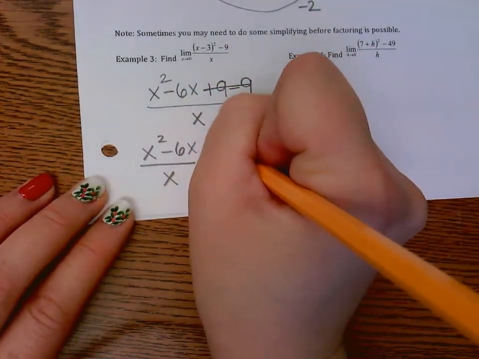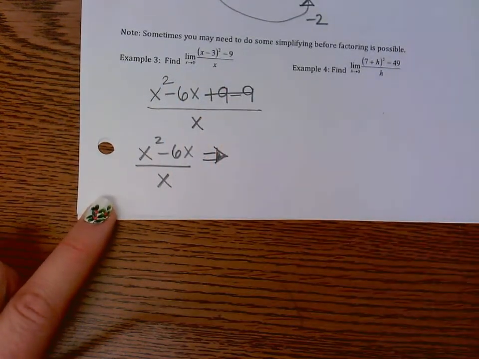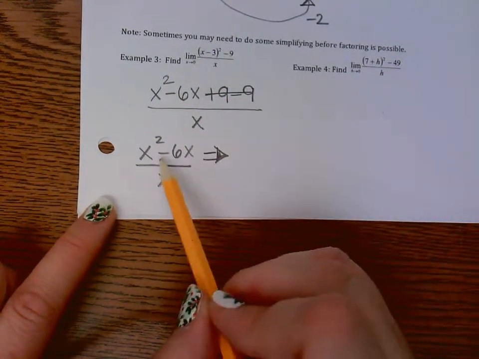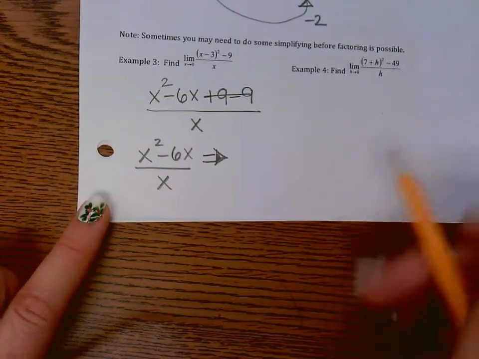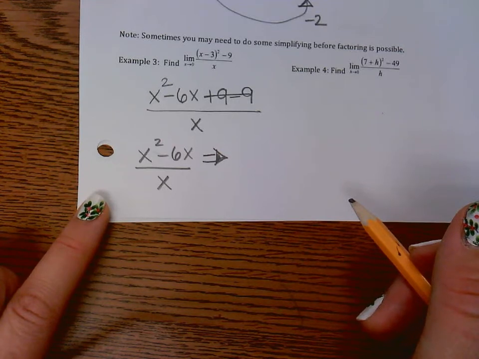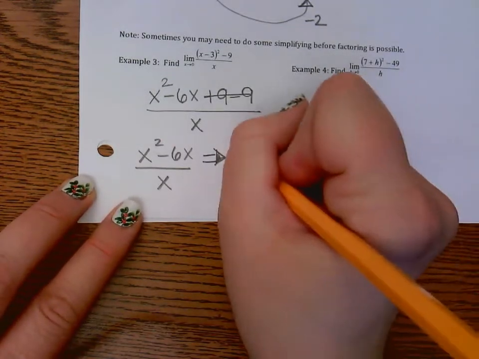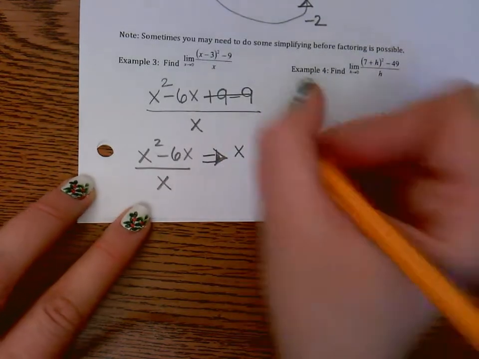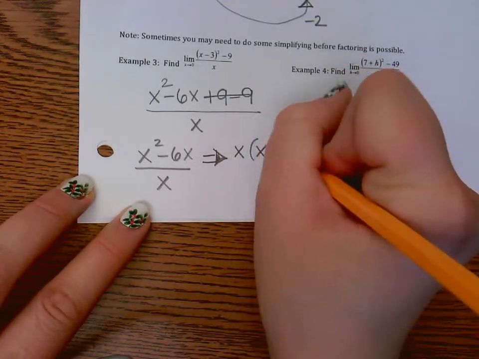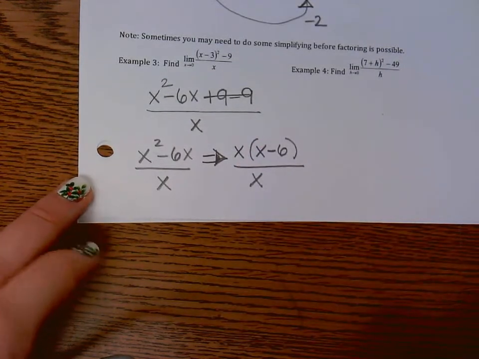So how can I factor the numerator now that I've FOILed everything out? What strategy can I use to factor the numerator? It starts with a G. GCF. So the GCF is x. I would have x minus 6 left in the numerator, and I have x in the denominator.